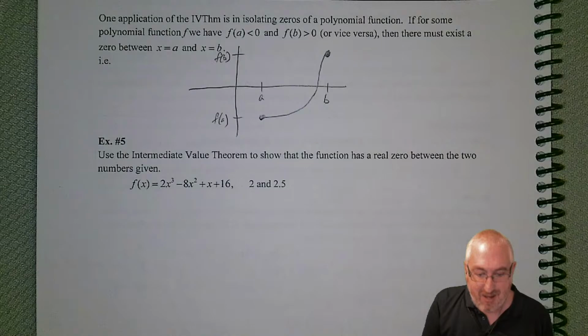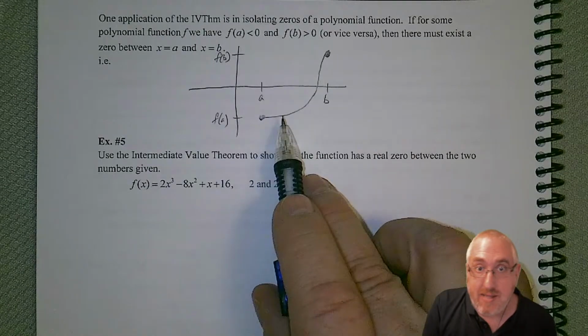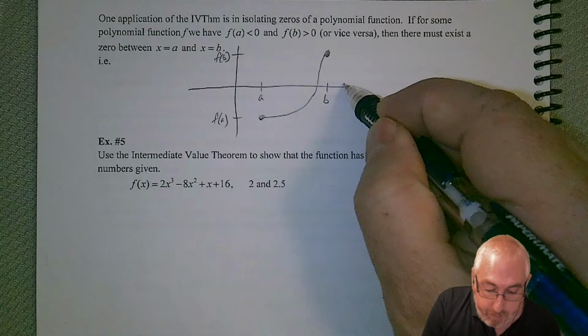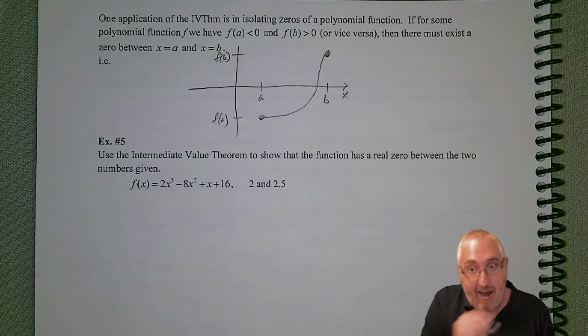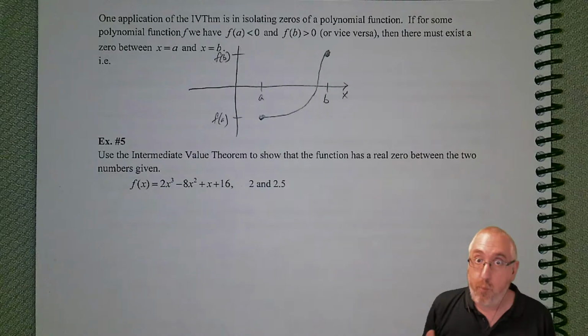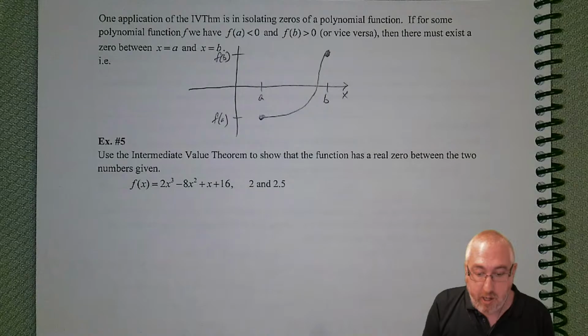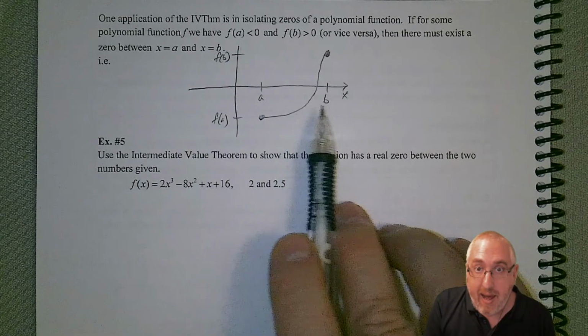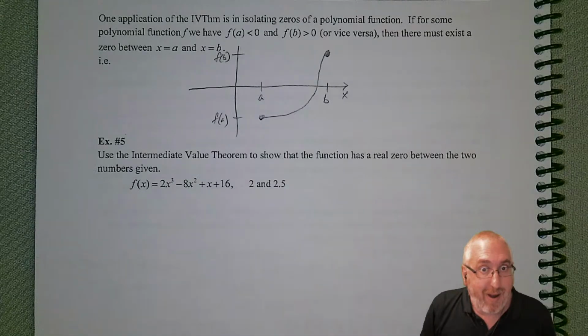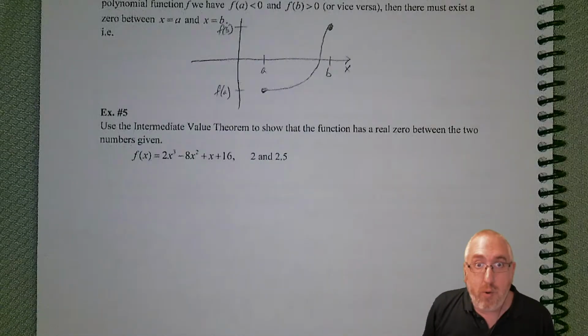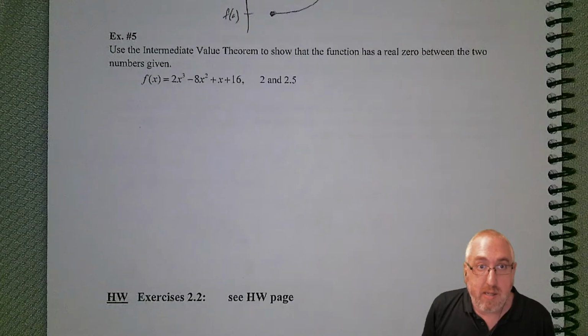Sometime you're going to have to cross that x-axis, no matter what. Because it's a continuous function, it has to cross through there. So we can use that to our advantage. Just to verify, we know there's a 0 somewhere between A and B. We don't know what it is, but we know there's one in there. So let's prove that with this example.